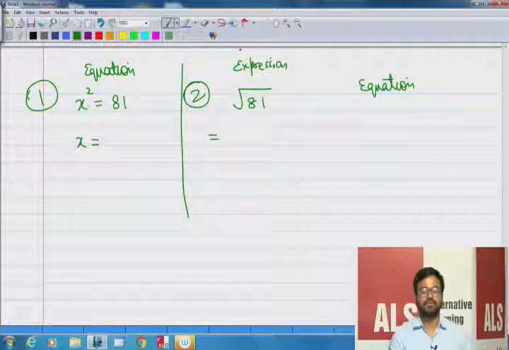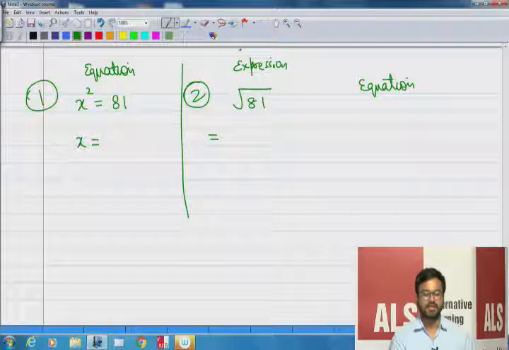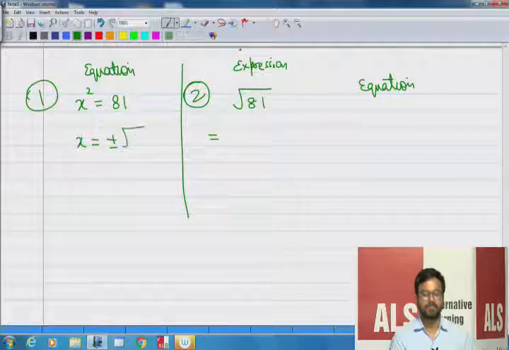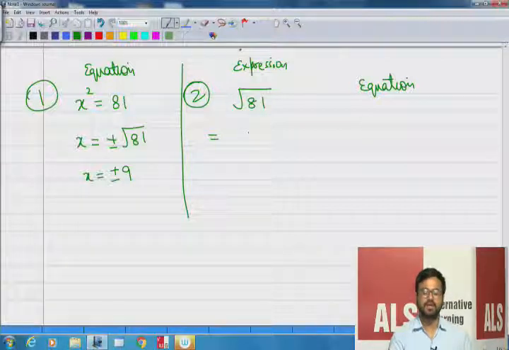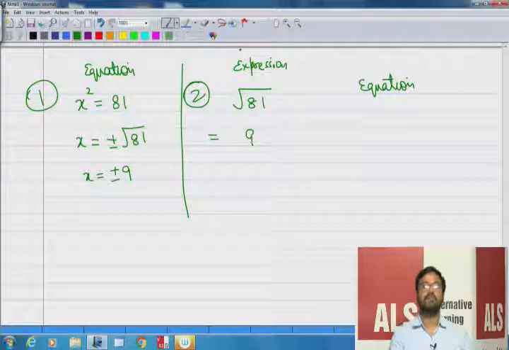When we have x square is equal to 81, so x will be equal to plus minus of root 81, so that x will be equal to plus minus of 9. Here we will get plus and minus, but whenever it is only root 81 written, only root 81 will be 9. There will be no plus minus when only an expression is there.